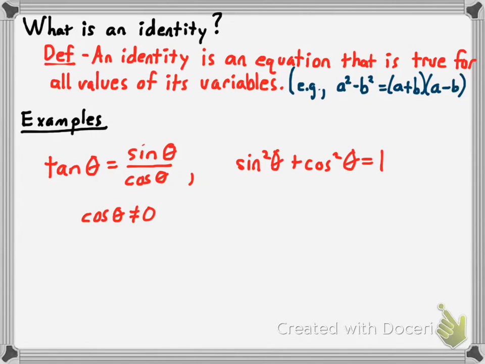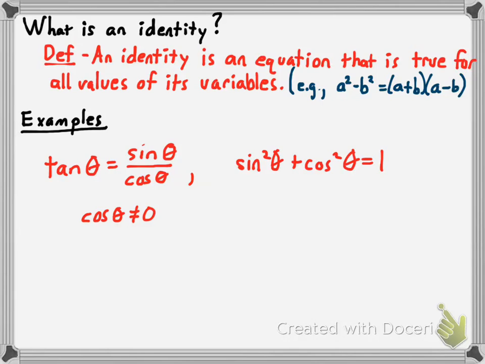Anyway, sine squared of theta plus cosine squared of theta is equal to 1. Now, I don't care what angle measure you sub in for theta. If you sub in 45 degrees, the sine squared of 45 degrees plus the cosine squared of 45 degrees is equal to 1. If you sub in 200 degrees, the sine squared of 200 degrees plus the cosine squared of 200 degrees is equal to 1. It works for radians just like it does for degrees as well.